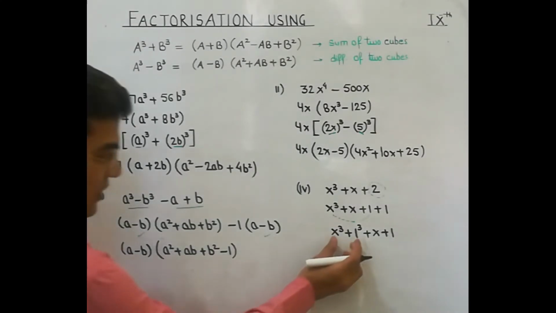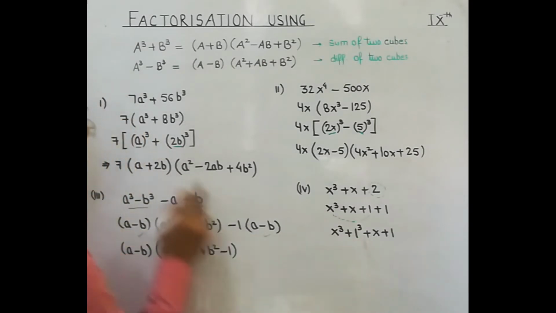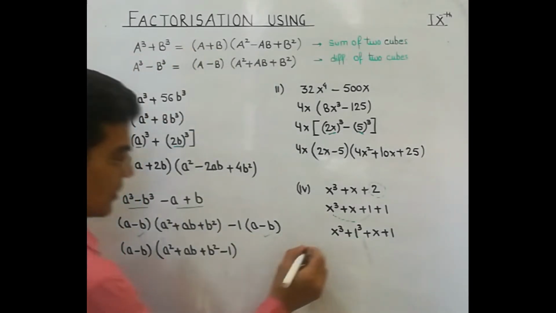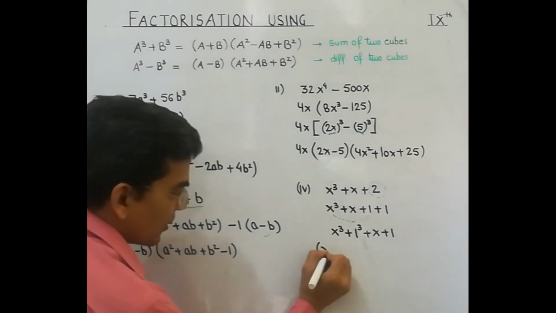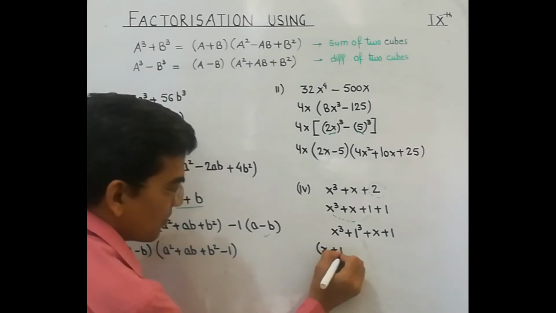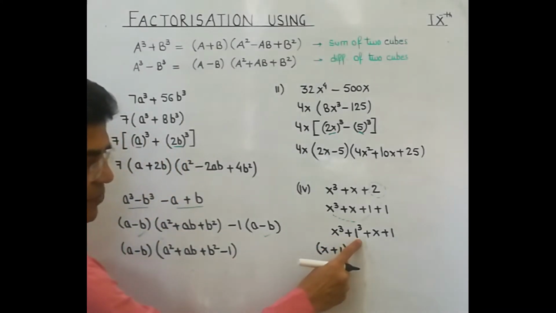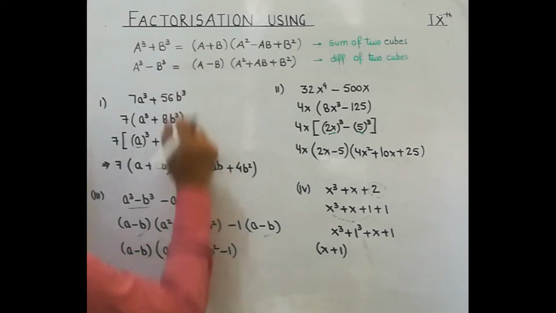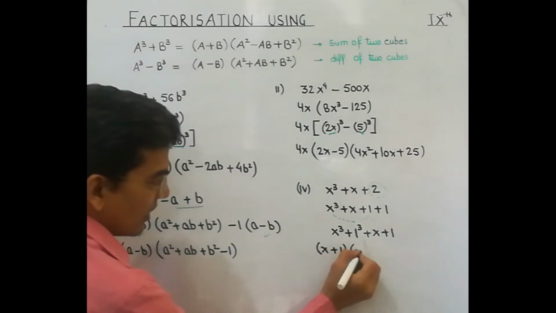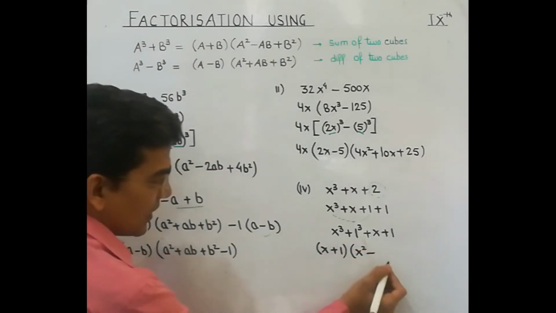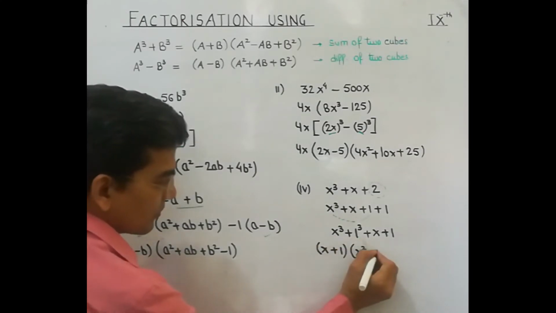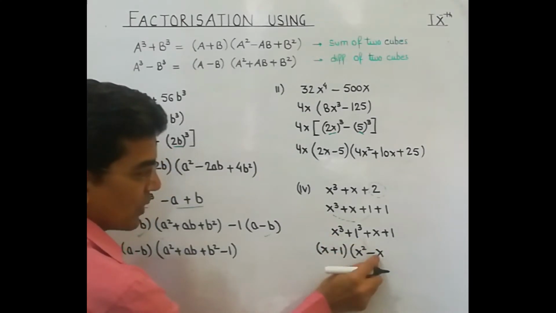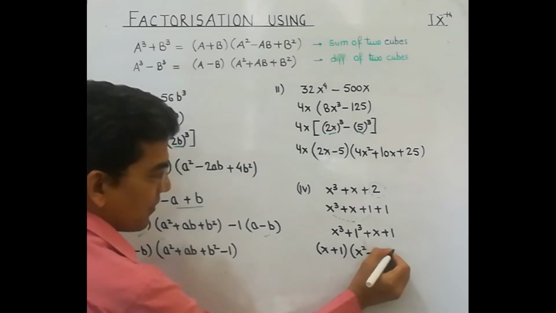Now from here, this is a cube plus b cube form, so apply the formula. This is your a, this is your b. In the first bracket you will get a plus b. In the second bracket, a square minus a into b, so x into 1 will give you x, plus b square.